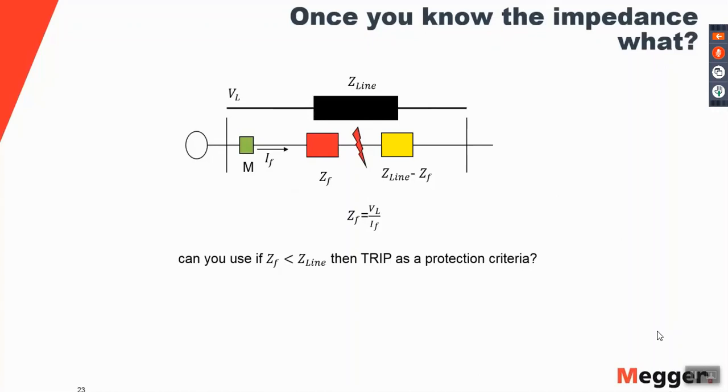Now, once we have calculated the impedance, we know the impedance to the fault. What can we use that impedance for? Say that the impedance that I calculated is lower than the impedance of the line, can I trip? Can I use that as a protection criterion?